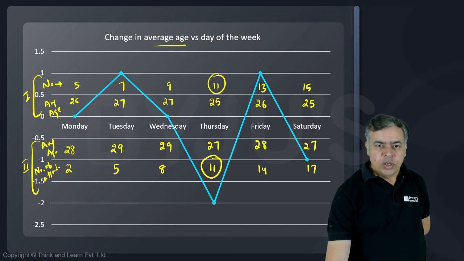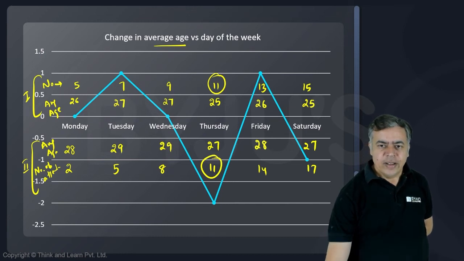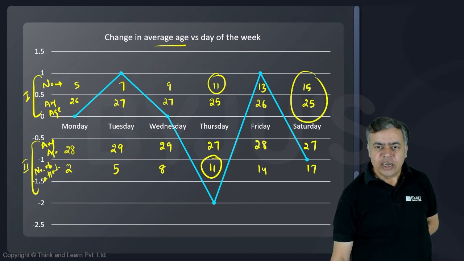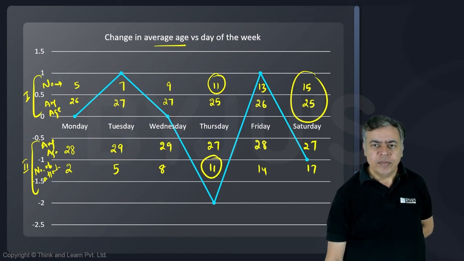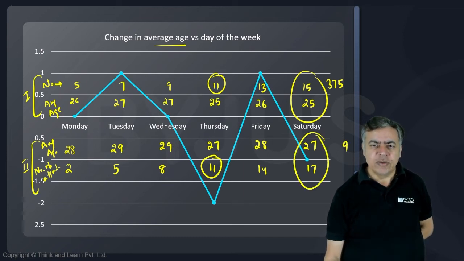So total age on Saturday, here it is number into this, so 15 into 25, 375, right? The total age. And here the total age will be 17 into 7, 119, 34 and 11, 445, right?